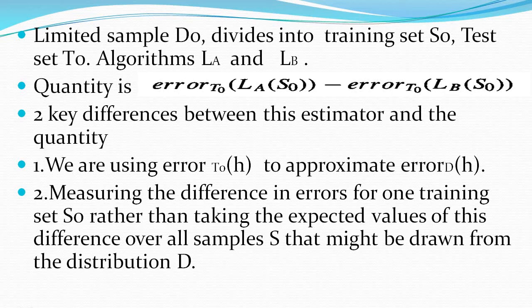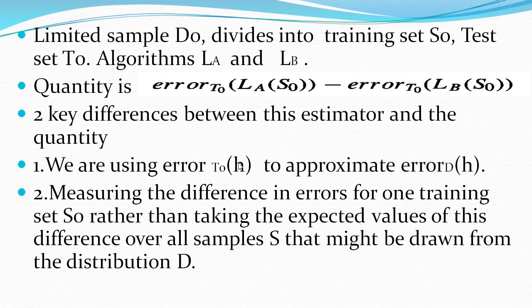What is the quantity? It is the difference between these two on that particular hypothesis with the training set. The key difference between this estimator and the quantity is that we are using the error on T0 to approximate the error D, the true error.